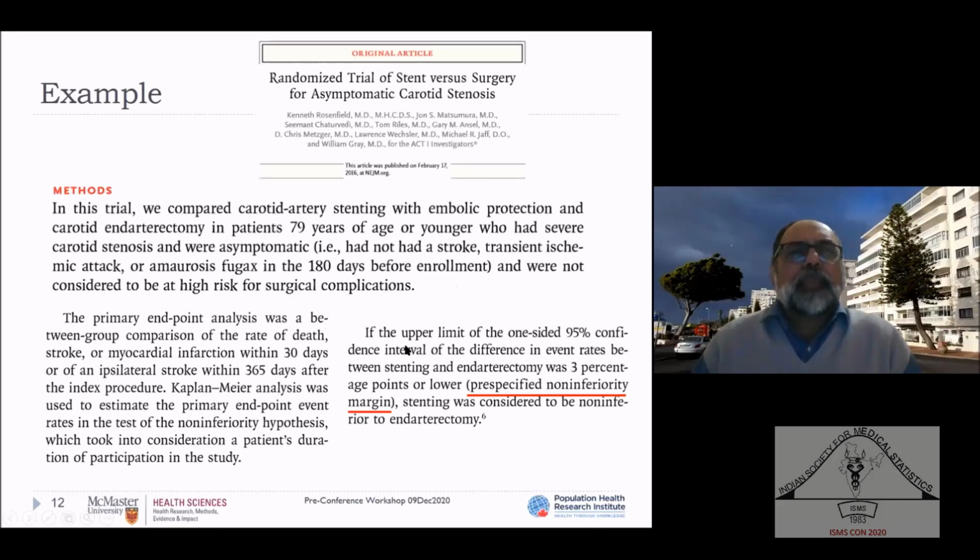And so here is a study that some of our colleagues had worked on, a trial comparing stent versus surgery for asymptomatic carotid stenosis.